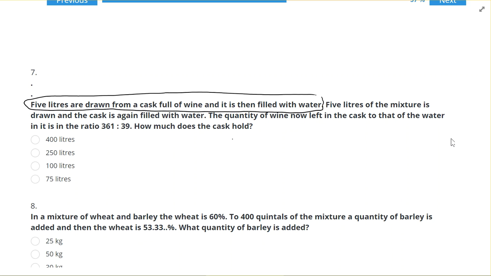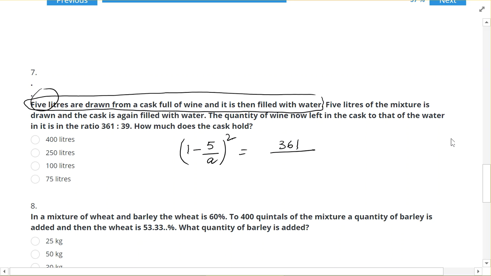1 minus 5 by total capacity, let's say it is A. The square will be 361 by total 361 plus 39, that is 400. That is 19 by 20 square.